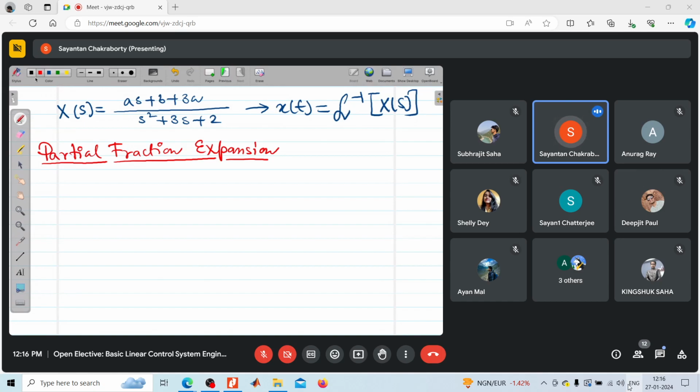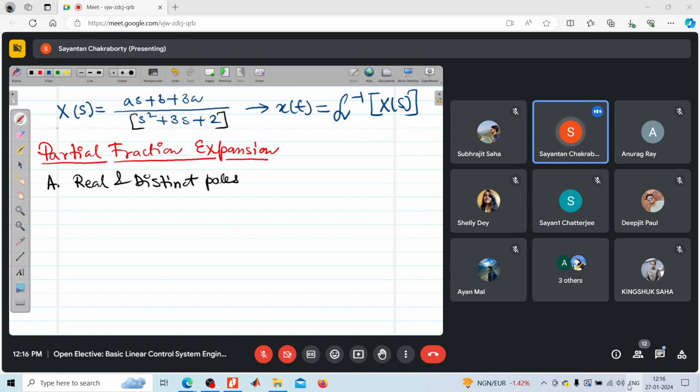To obtain the inverse Laplace transform, we'll have three different scenarios. A, real and distinct poles. What are the poles? Poles means the roots of this polynomial.